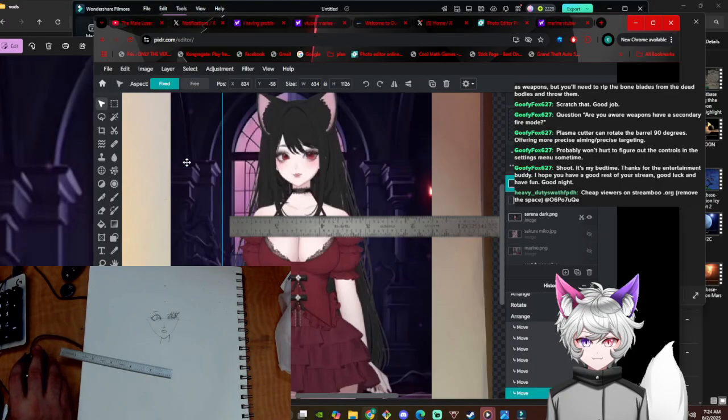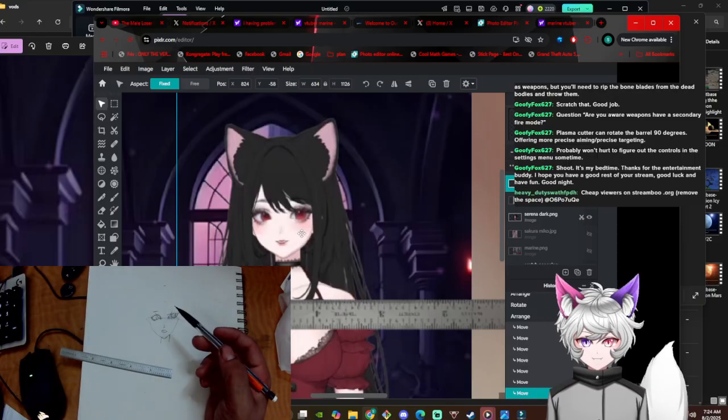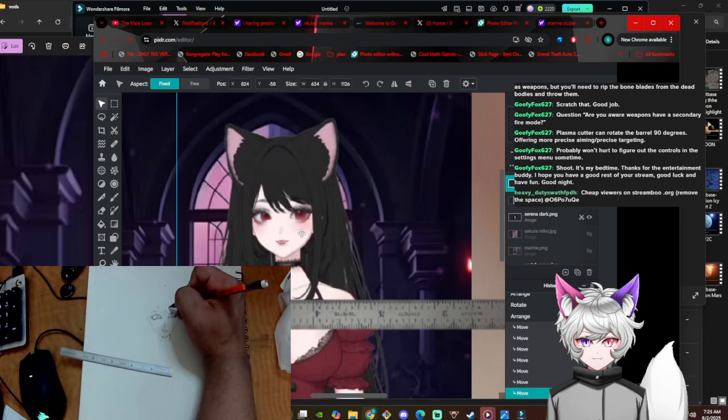Now I'm trying to figure out how to do the top part of the head. So it looks like here, you're going to help me center everything else. Which would mean this for the eye. So here, pretty good.